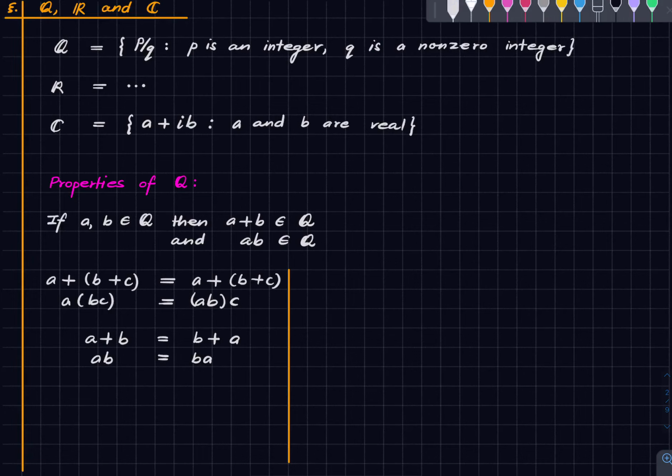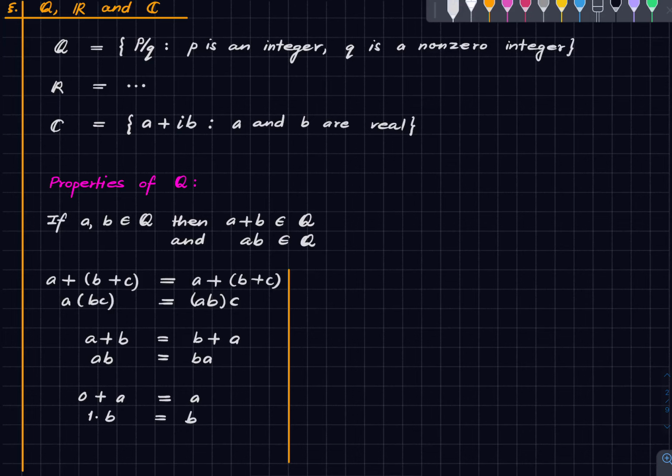We have the additive identity property, that 0 plus a is a for all a, where a is again a rational number, and 1 times b is b for all rational numbers b.